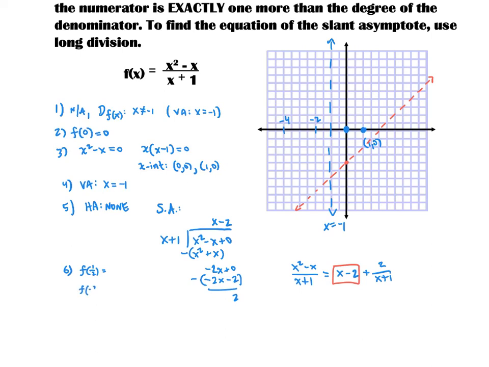Okay, so f of 1/2 will be 1/4 minus 1/2 over, that'll be 3/2. So that would be negative 1/4 over 3/2.